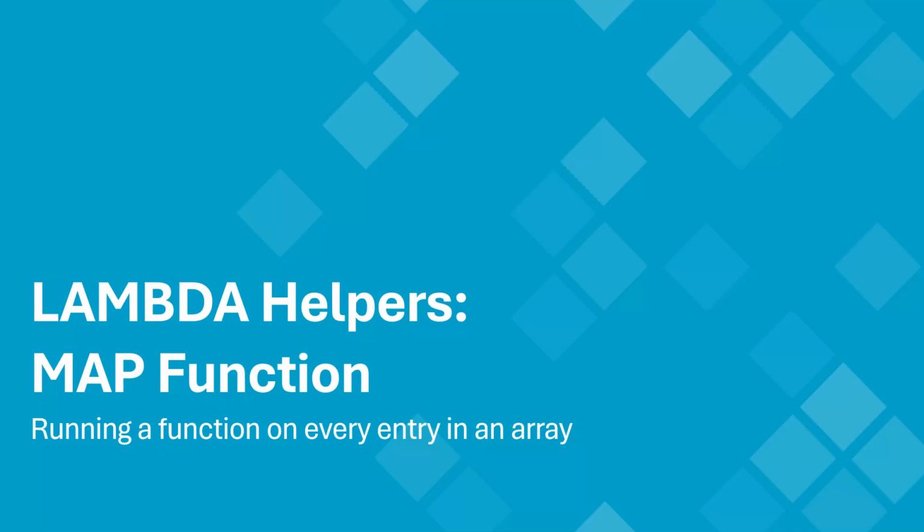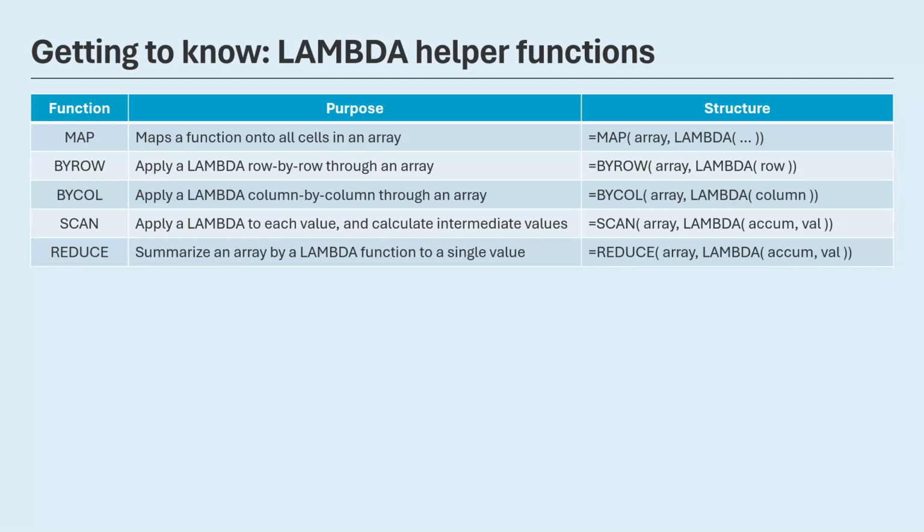So the basic premise here is that when we use a Lambda function, which is really just the invention of a calculation that we find useful or important, we can apply that Lambda function in several different ways. The BYROW function goes by row, one row at a time down the array.